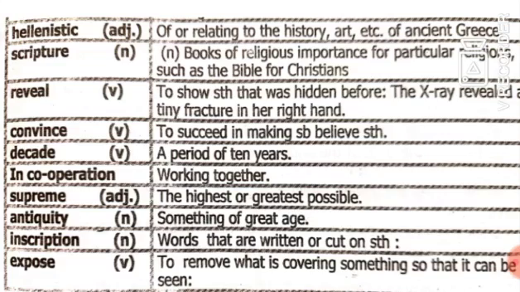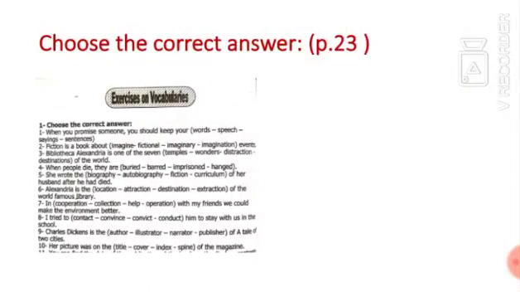Supreme means the highest or greatest possible. Antiquity means something of great age. Inscription means writing which is written or cut on something. Expose means to remove what is covering something so that it can be seen.